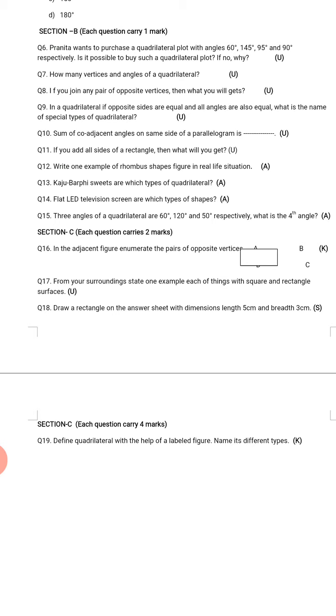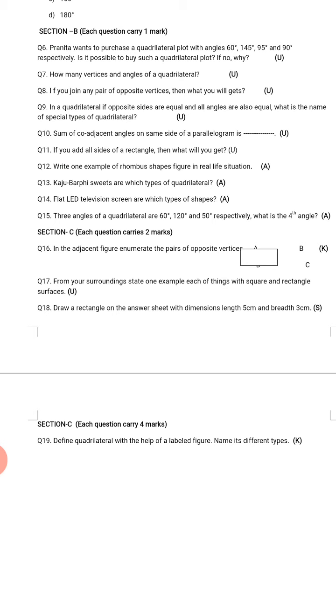So I hope all of you understood how to make a question paper, because you have already made a blueprint of a question paper from class 3, 60 marks. Now from those blueprints of the question paper, you have to make a question paper.